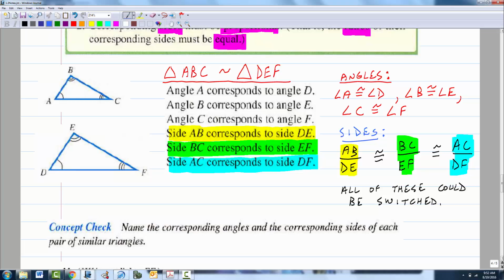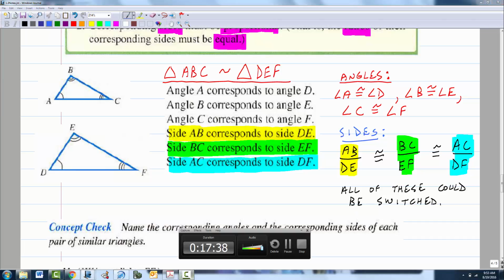Do be aware that if I say triangle ABC is similar to DEF, angle A is congruent to angle D, B is equal to E, C is equal to F. Okay, it's the order of the names of the triangles in the similarity statement that tells you who is equal to who. All right, but the sides are proportional, not equal. So write that down real quick if you need to, and I'll hold off.